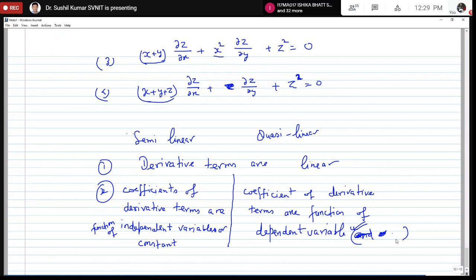We cannot write 'and' or 'or'. So the coefficients of derivative terms are functions of the dependent variable, meaning the dependent variable is present in the coefficients of derivative terms. It may have independent variables and constants also. So this is the definition of semi-linear and quasi-linear.